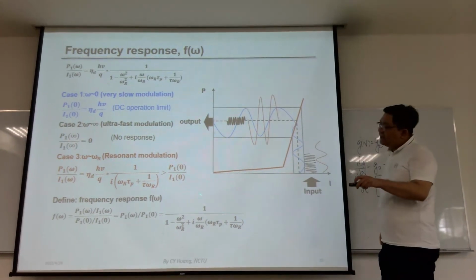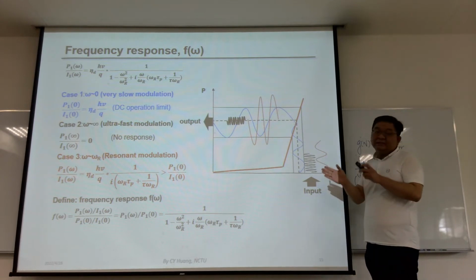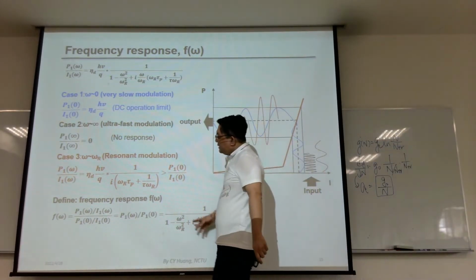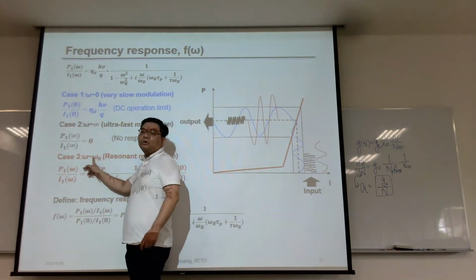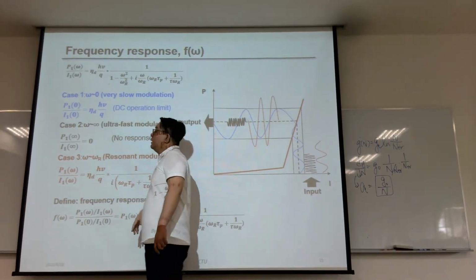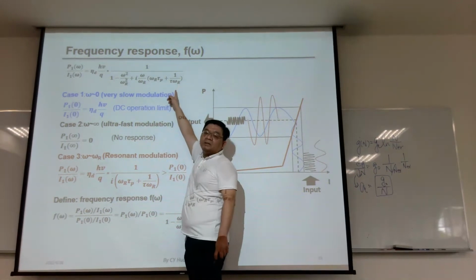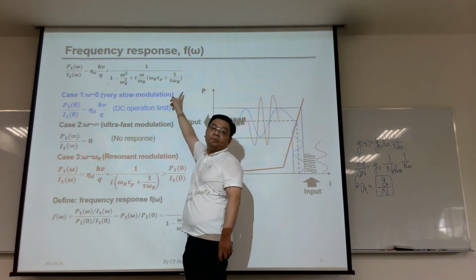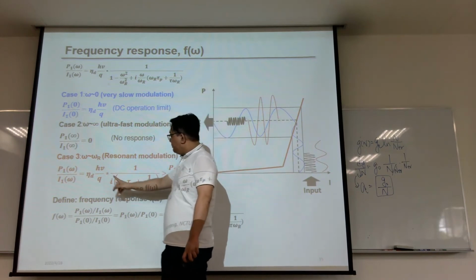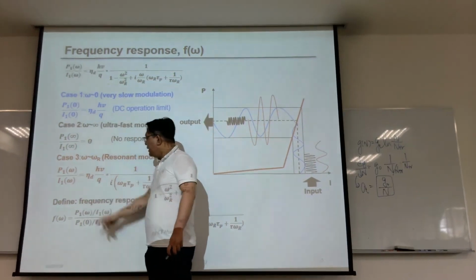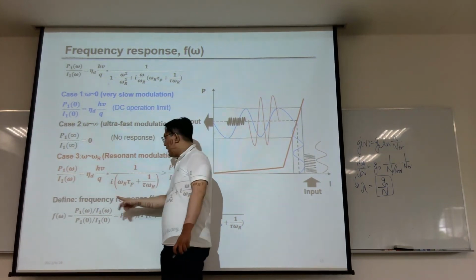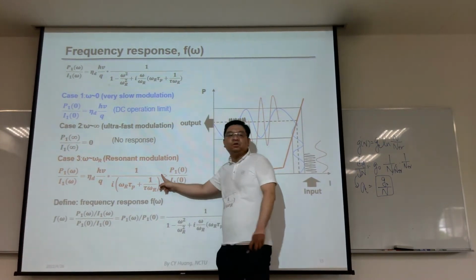Okay, another case is somewhere in the middle, where omega is close to omega r. The denominator is reaching its minimum value, and P over I will be its DC response times something larger than 1.